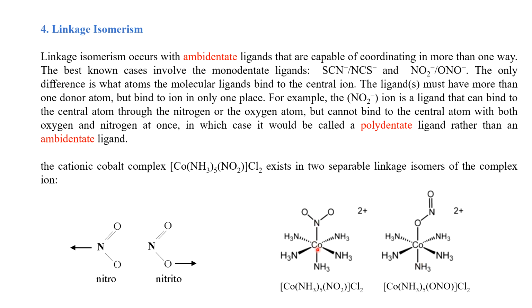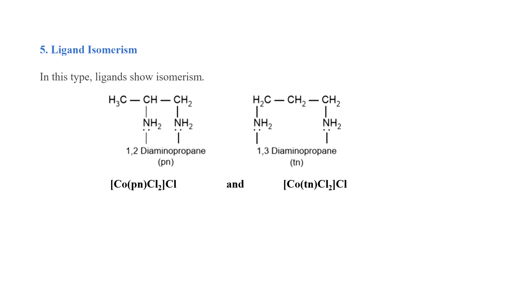Because this link between the metal and the ligand atom is different, right? The link is different between the metal and the ligand. Okay, so that's why it is called linkage isomerism, and linkage isomerism will only be observed with ambidentate ligands.